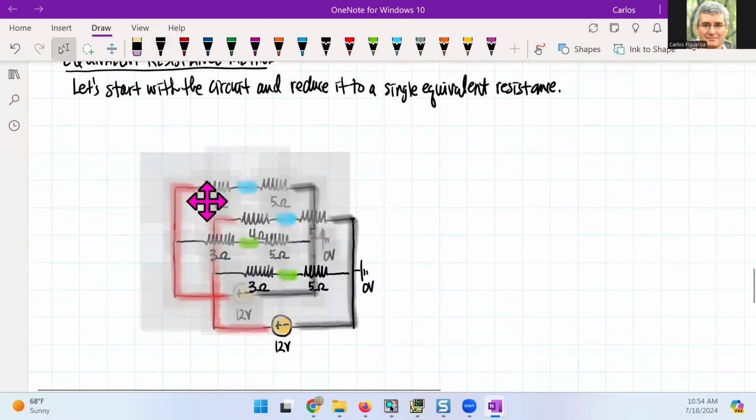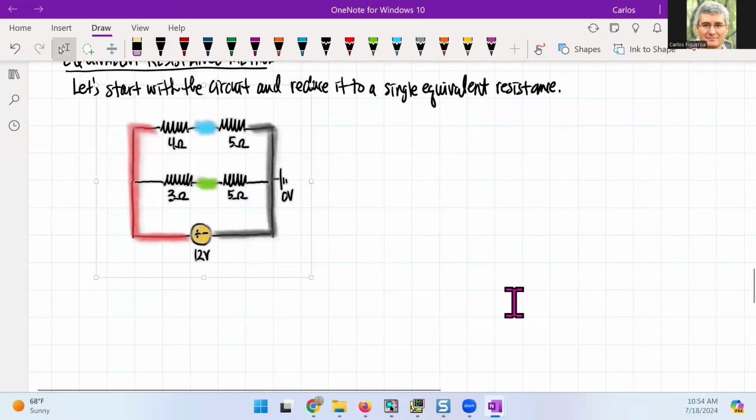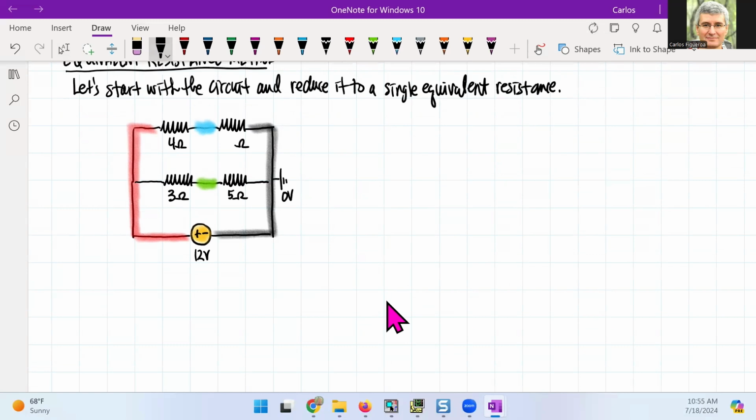Here's my circuit right here. So now I'm going to reduce this now. If I reduce this, by the way, this is not 5, this is a 4. Okay.